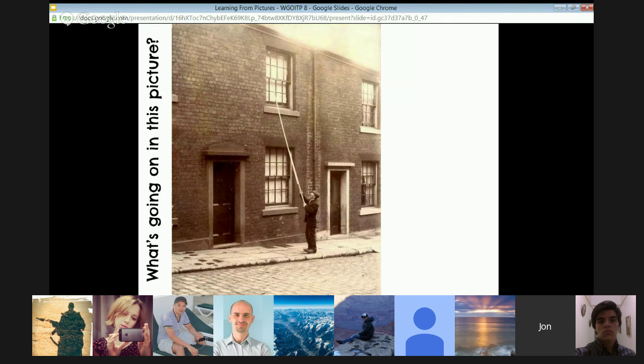This analog camera, of course. I see one man. Maybe he closes the window. Maybe open the window. Why? Why is he doing that?